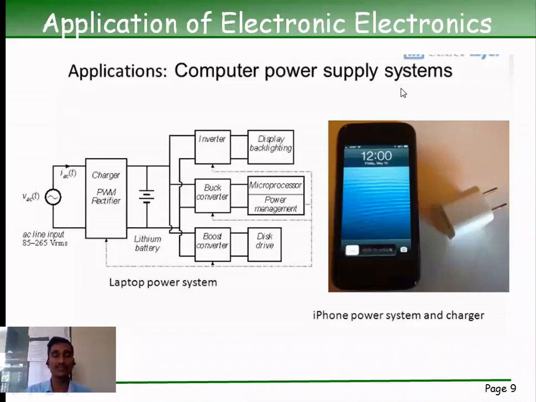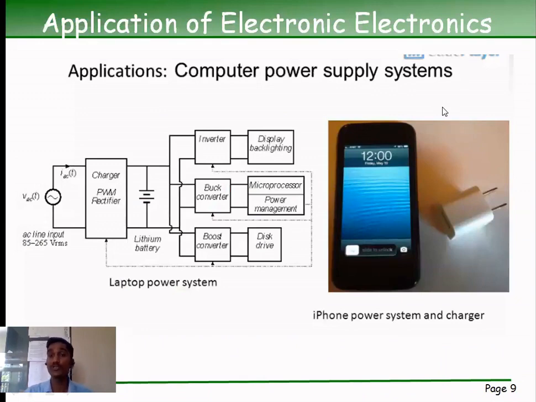Again, the next application is computer supplies or mobile supplies. Again, we know that we utilize the power which is available in your home, that is 230 volt. But if you take the mobile, it requires a 5 volt DC supply. It may sometimes be a 3.5 volt DC supply.